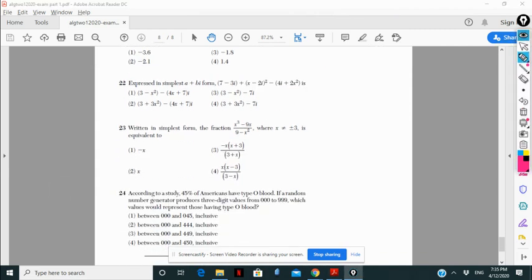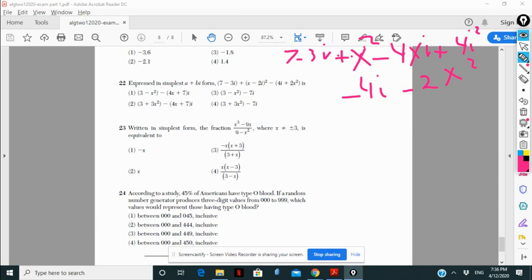So expressed in the simplest a plus bi form, this one. I'm going to start to FOIL: 7 minus 3i plus x squared minus 4xi plus 4i squared minus 4i minus 2x squared. 4 times i squared, that's negative 4.